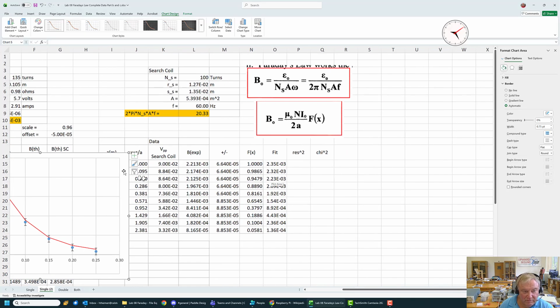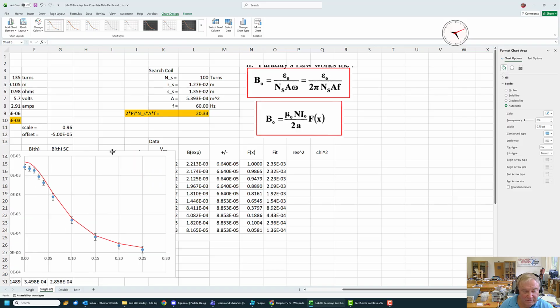So we've had this scale and offset. You multiply it by a number, and then an offset number moves it up and down a little bit. That, in this case, is vertical offset. And I was thinking that maybe we could do 3 fit parameters, a vertical offset and a horizontal offset.